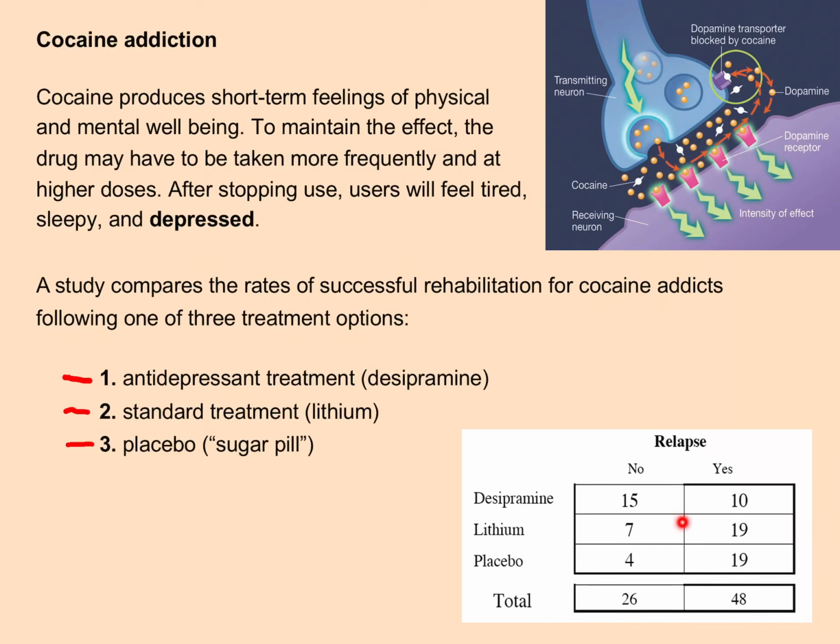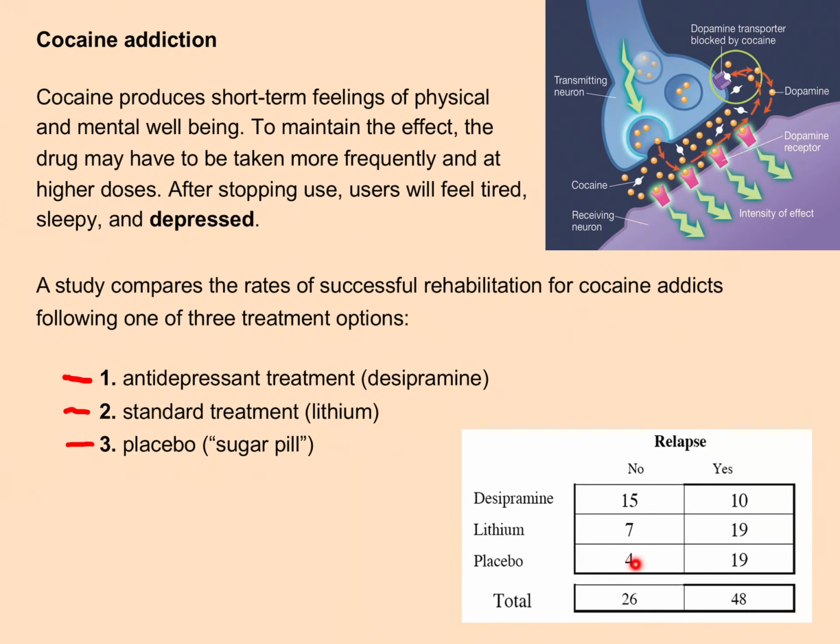All right, so you see in our table down here that for desipramine, we had a total of 25 people taking that drug. 15 of them did not relapse, which is good. 10 did. For lithium, we had a total of 26 people. 7 did not relapse, and 19 did. That's a pretty high relapse rate.